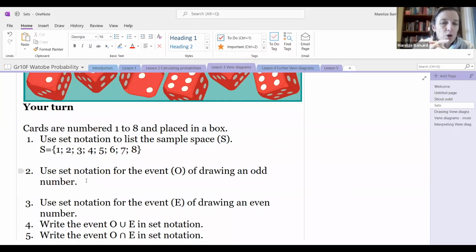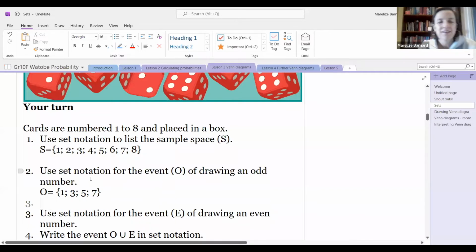If you draw an odd number, which ones are you going to draw? There we go, Riachile's got it, and Fence's got it. Just remember, we must make curly brackets, not round brackets, and we must say what the set is called. The set is called O, and in that set I'm going to put all the odd numbers: 1, 3, 5, and 7.